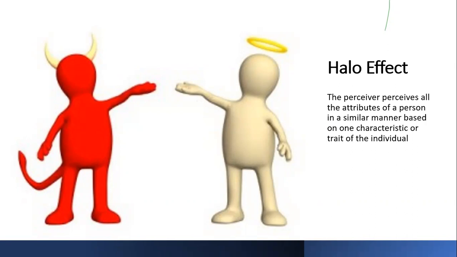So everything that the person does, you will just think is good. Even though everybody else is saying it is bad, because of one trait of the child, something you like about that child, everything that child does, you will just think it's okay.